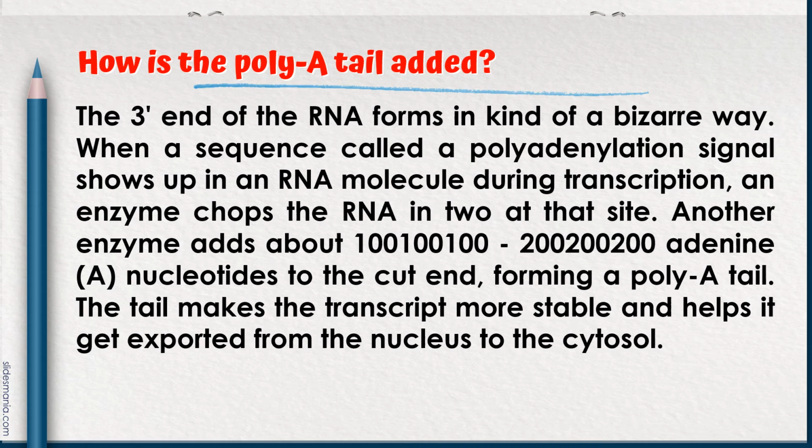Another enzyme adds about 100 up to 200 adenine nucleotides to the cut end, forming a poly A tail. The tail makes the transcript more stable and helps it get exported from the nucleus to the cytosol.